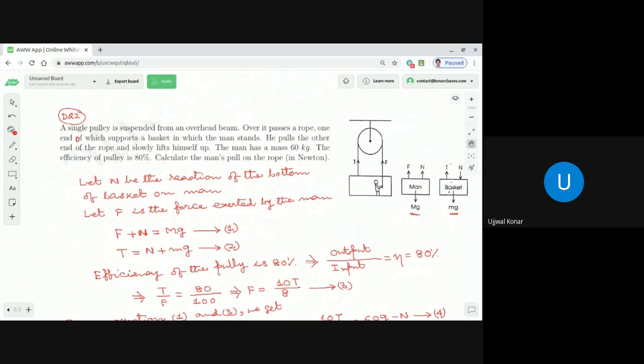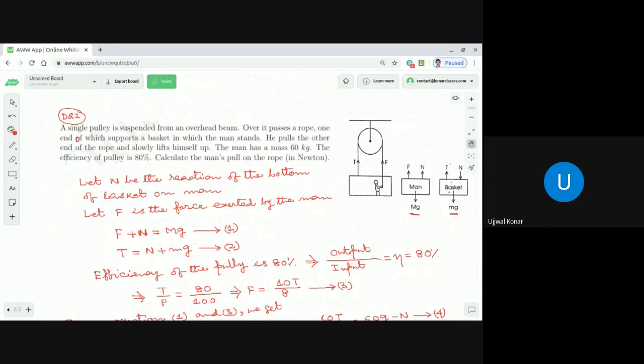Think about the man as the object, then we concentrate on the forces acting on the man. What are the forces acting on the man? Capital F, capital N, and his own weight, capital M into G. When you look into the basket, we see that there are three forces acting on that basket. One is capital T, one is capital N, that is the normal reaction, and lowercase m into G, that is the weight of the basket.